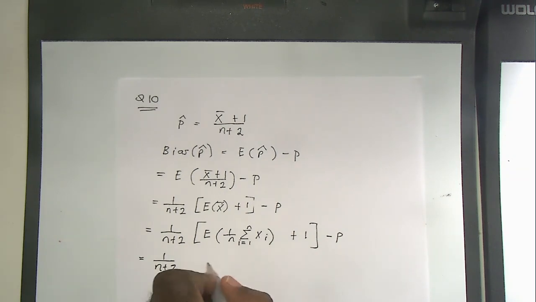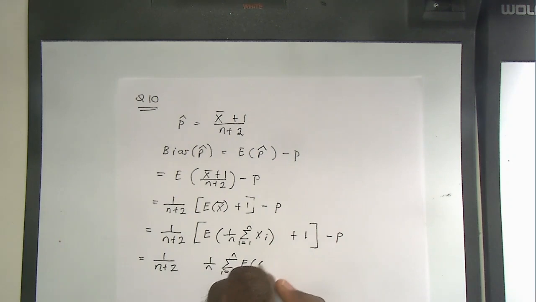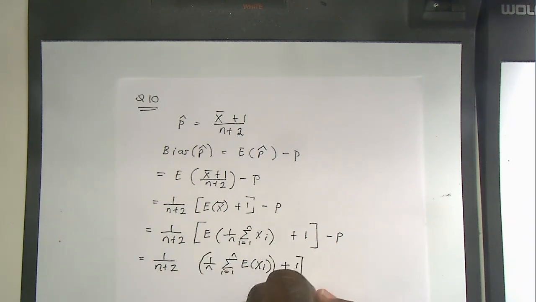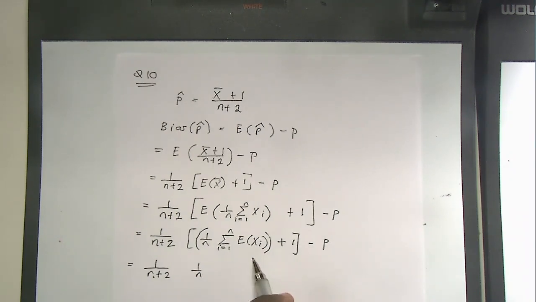If you take the expectation inside, you get, yeah. Now I'm sure all of you know the expected value of a binomial is MP, right? So it's going to be the sum i from 1 to n of m times p.